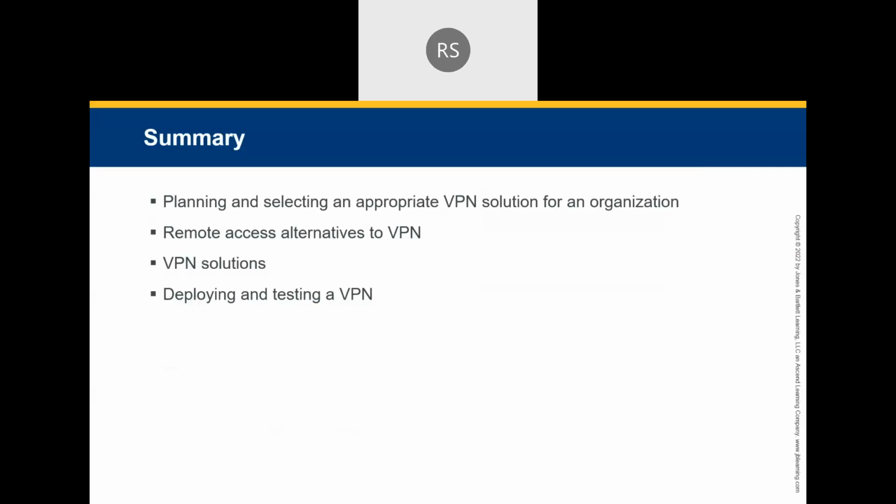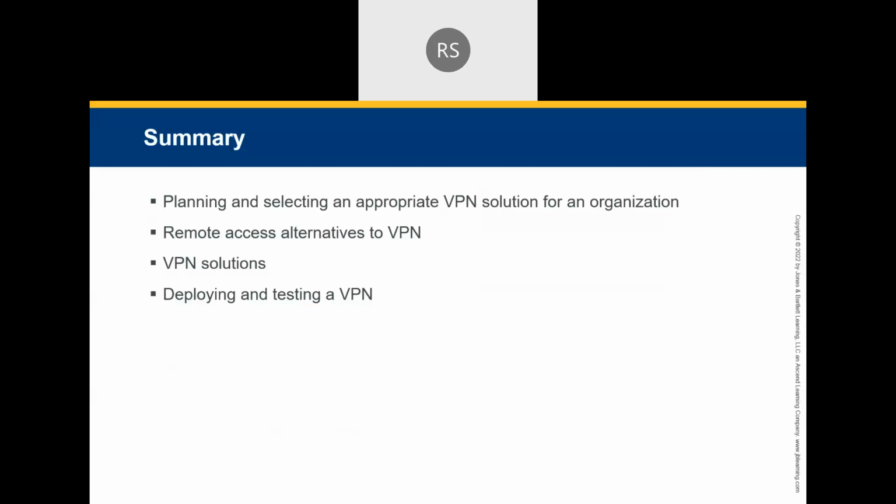So when you implement a virtual private network, this involves several key steps to ensure its effectiveness and security within the organization. Planning and selecting an appropriate VPN solution. So you want to assess the organization's requirements, including the number of users, remote access needs, and security considerations.